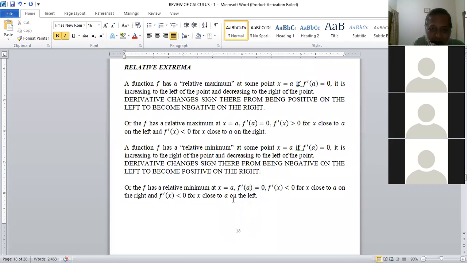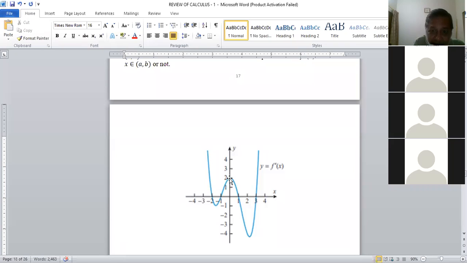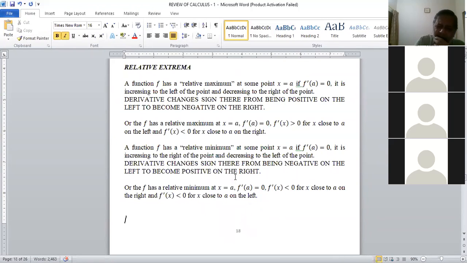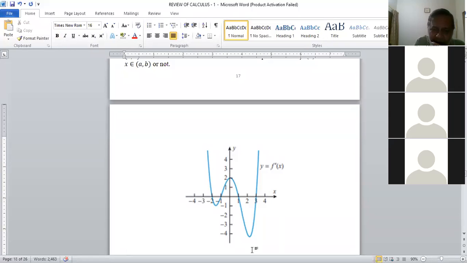So at a point which is called a relative maximum, the derivative changes its sign from being positive on the left to negative on the right. Relative maximum. The derivative is positive here, negative here. So the sign of the derivative changes at the point where the derivative is zero, so this is a relative maximum. Similarly for a relative minimum, if I am talking about a relative minimum, this or this.